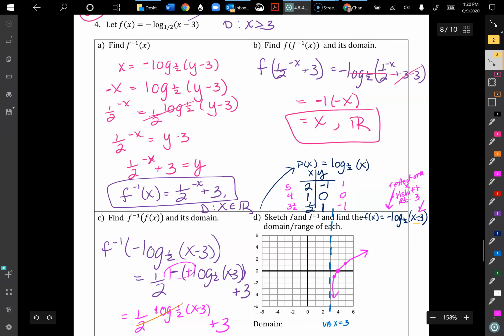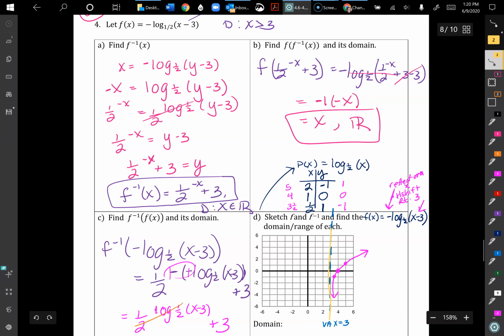And then in my input, inside these parentheses, I have a horizontal shift right. So that's going to change my asymptote as well. So I just added 3 to all my x values. And so I ended up with these points here and plotted them.